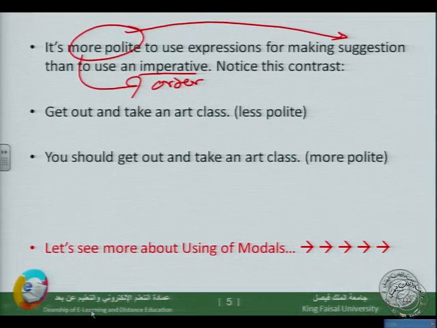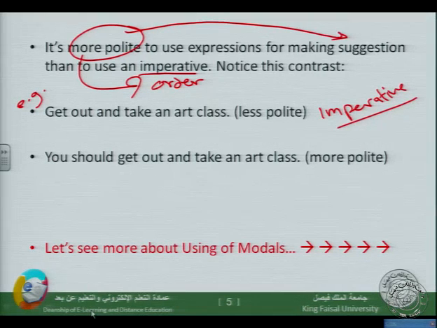لاحظ الآن النقيض. Get out and take an art class. هذه مثال. Get out and take an art class. هذه الجملة imperative فيها the imperative voice.